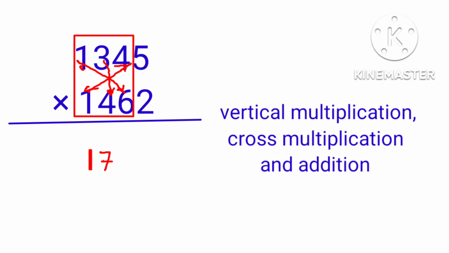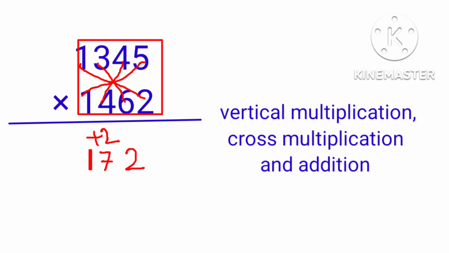Now do cross multiplication and vertical multiplication and addition. Now 6 ones are 6 plus 4 ones are 4, that means 10, plus 3 fours are 12, that means 22. Now we write down 2 and carry 2.